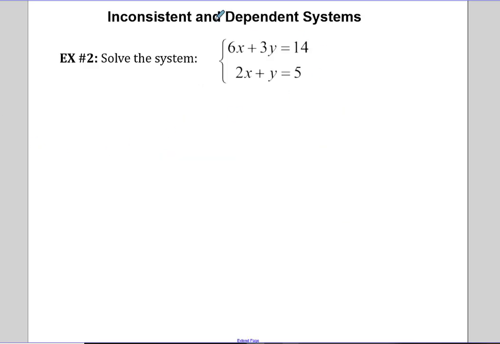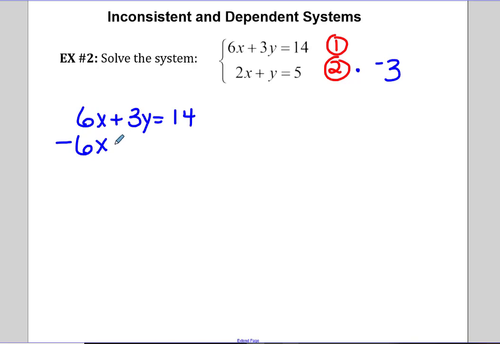In example 2, again numbering my equations 1 and 2. If we multiply equation 2 times negative 3, we'll have 6x plus 3y equals 14, and negative 6x minus 6y equals negative 15.